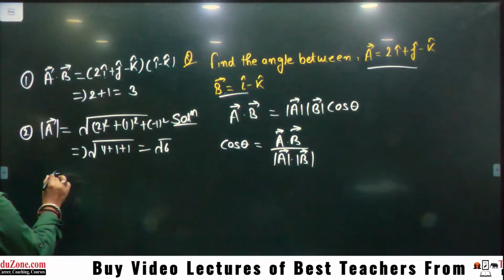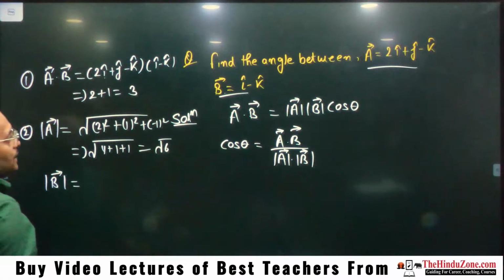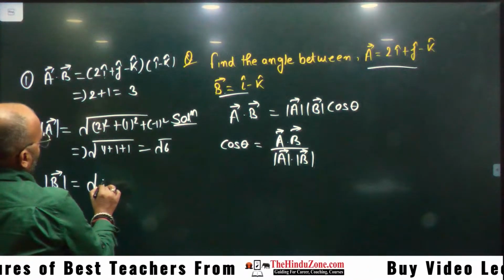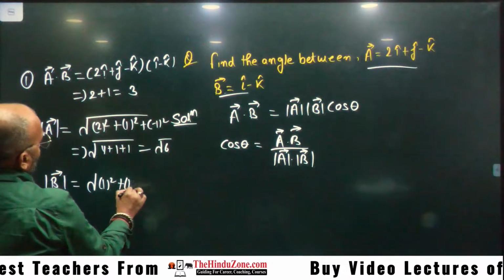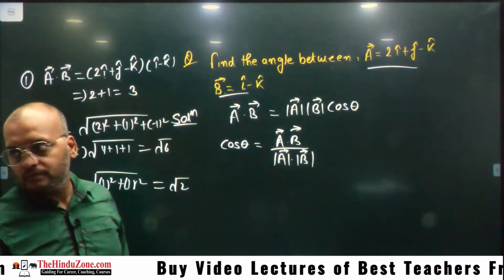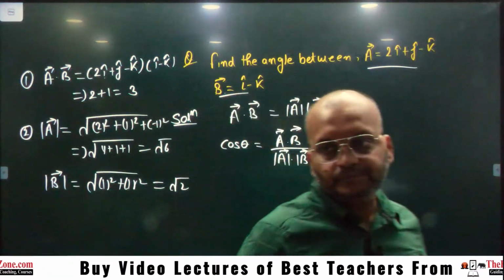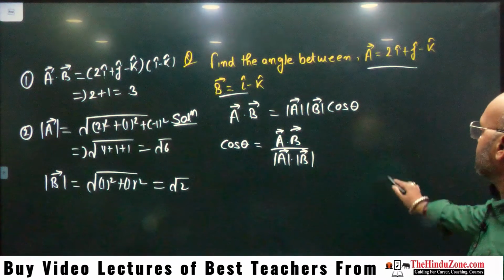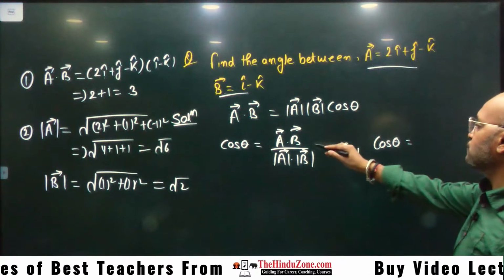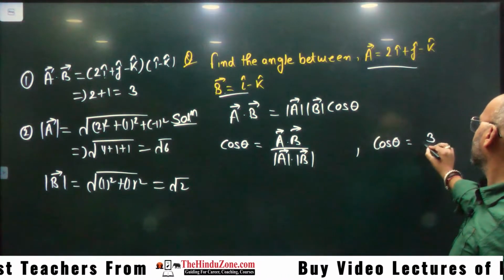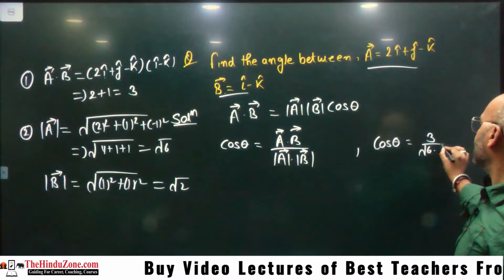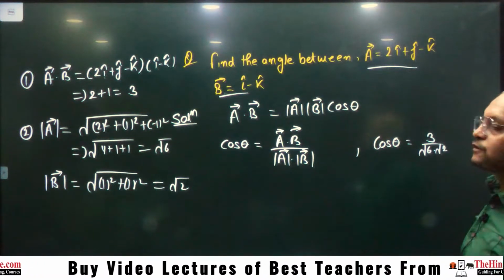Magnitude of vector B, i and k, 1 squared plus 1 squared comes out to be under root 2. Yes or no? So, cos theta is equal to 3 upon under root 6 into under root 2. Yes or no?